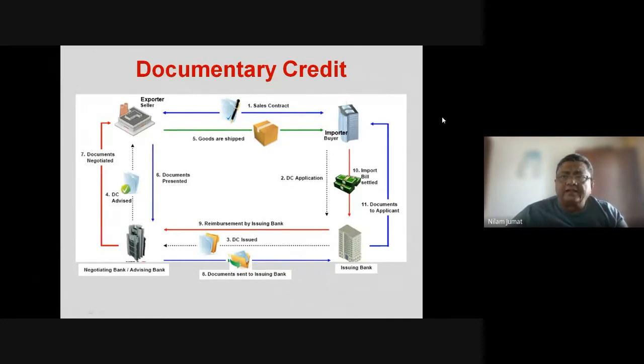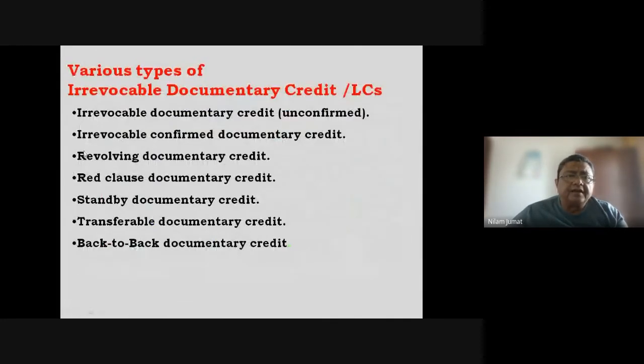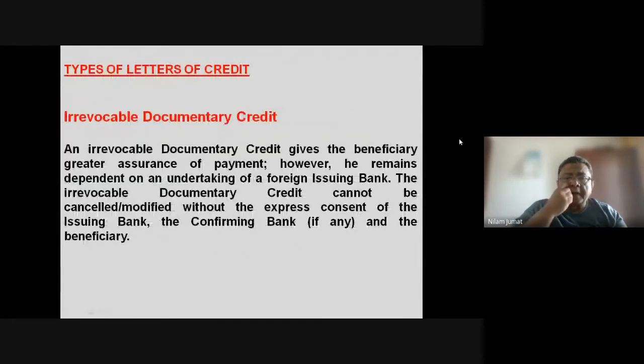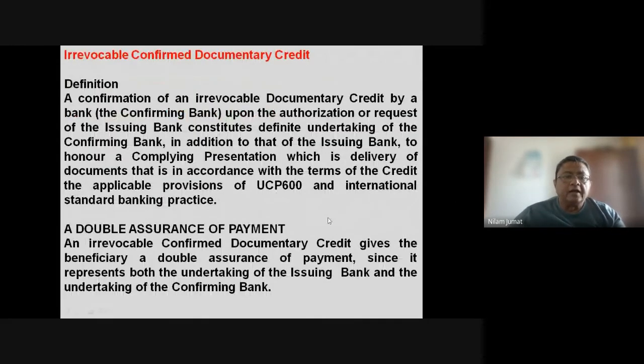That is what you get in this. See, irrevocable confirmed documentary credit, that's the meaning. So the exporter in London is getting a double assurance of payment.